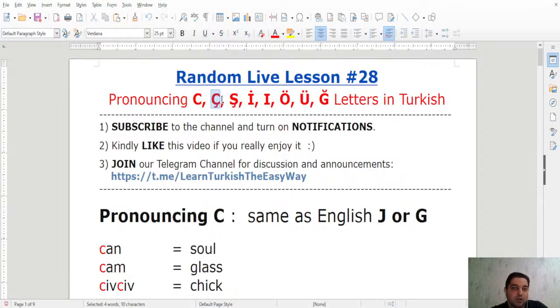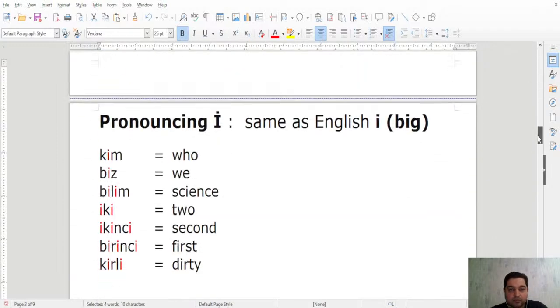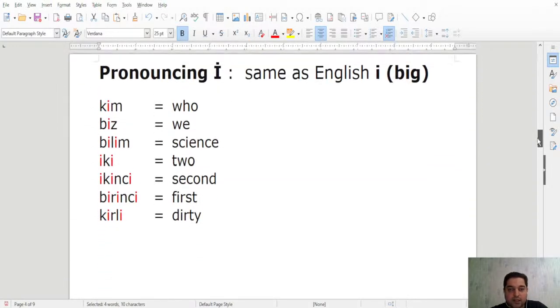Ç is the combination of CH, Ş is combination of SH, and İ is just I, as in big. These 4 are very much close to the English. Then we have these 4 other letters, which is I, Ö, Ü, and yumuşak G. Let's now cover them, okay? So we covered this one as the last part.